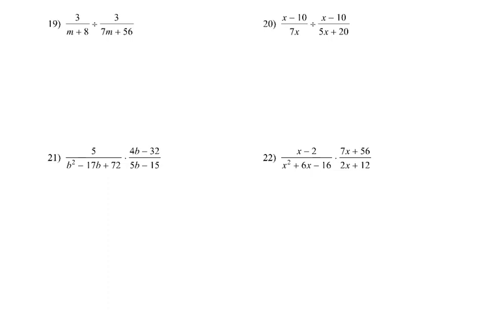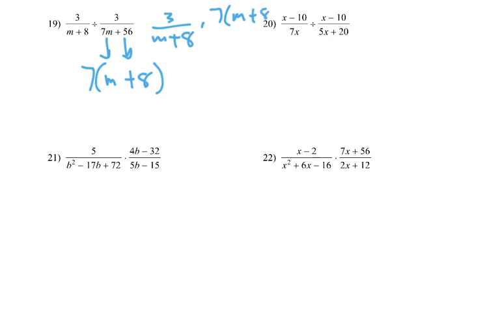Alright, 19, same idea. If I pull a 7 out here, I'm left with m plus 8. Okay, so then I get 3 over m plus 8 times the reciprocal, 7 times m plus 8 over 3. 3's cancel, m plus 8's cancel, 7 over 1, which is just 7.